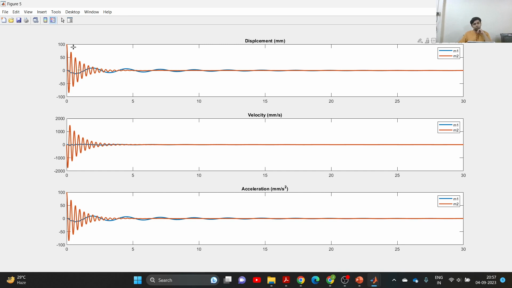So although there are more oscillations, the system returns to equilibrium slightly faster. Whereas in the case of the blue curve, the motion itself is sluggish. So basically, what the damper does is make the motion of the car slightly sluggish.